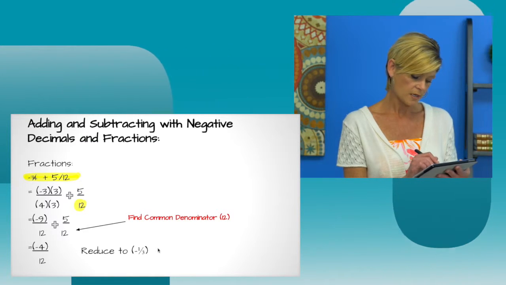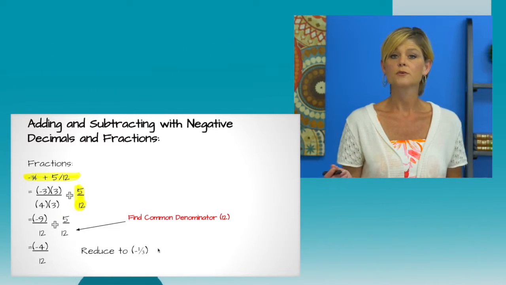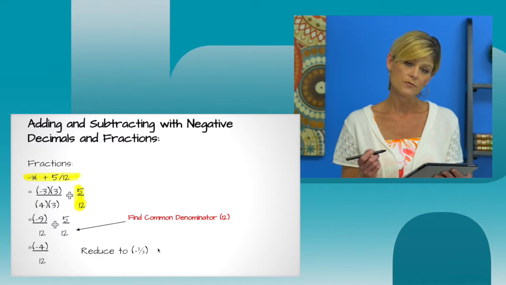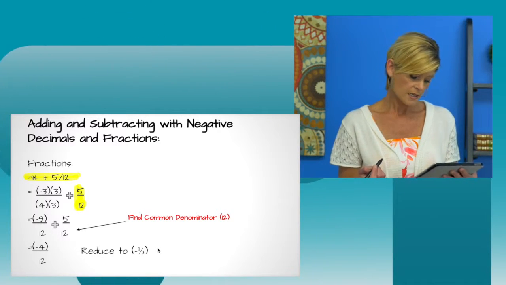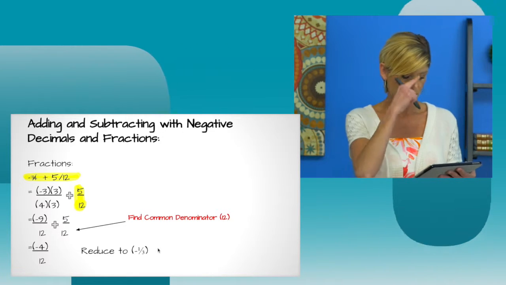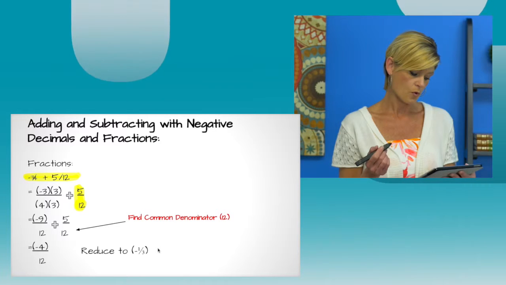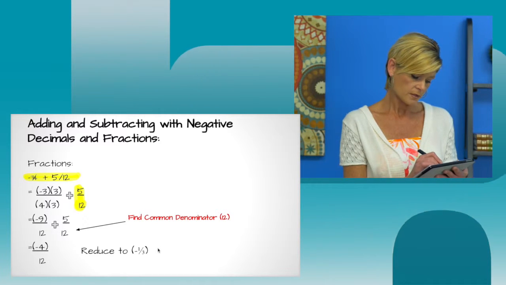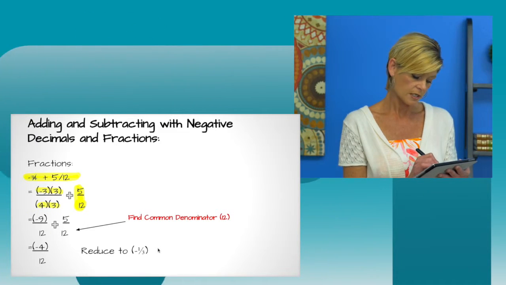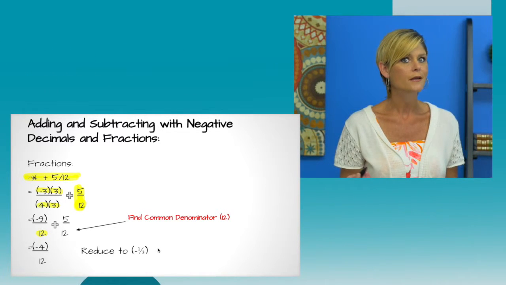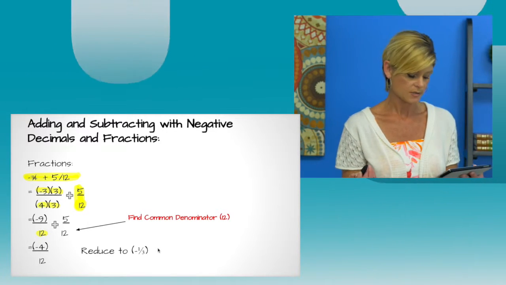So our 5/12, we don't have to do anything to that. It can stay exactly the same. But our negative 3/4, to find the common denominator, we're going to have to multiply the negative 3 and the 4 by 3 as well to get our common denominator of 12. And remember, whatever you do to the denominator, you've got to do to the numerator as well.